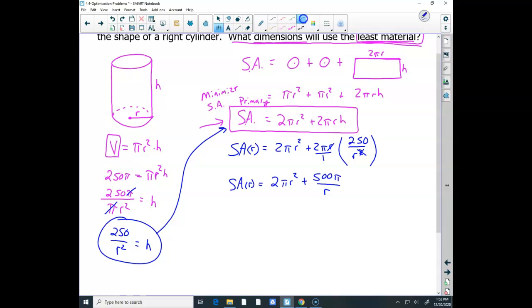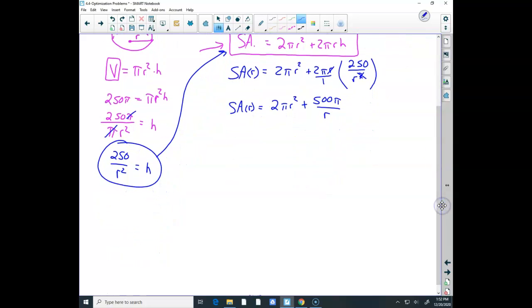Well, what I could do, actually, if you see, I could push this together and I could take the derivative as a quotient. Don't want to do that. That's too much work. And so let's look at the surface area in terms of radius. That's going to be 2 pi r squared plus 500 pi times r to the negative 1.